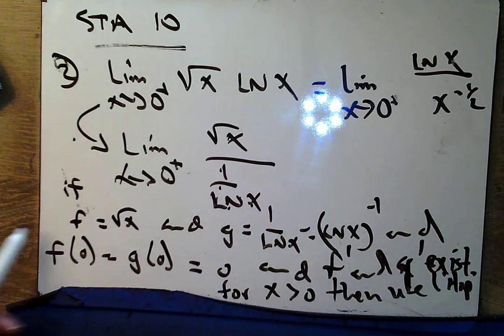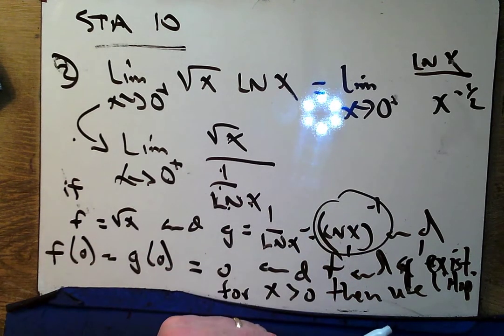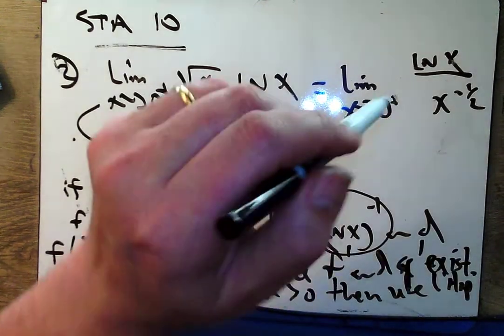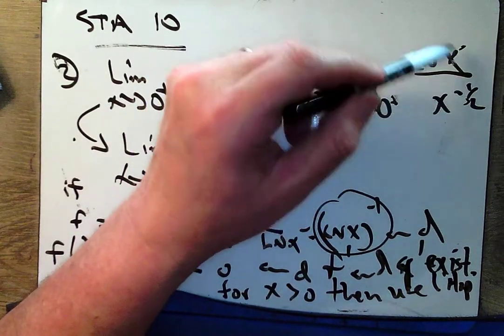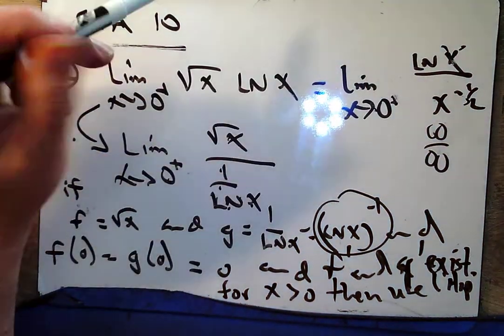And while I feel that makes for an easier justification sentence, I really don't want to do that derivative. Not that I can't do that derivative, I just don't want it. My issue here is that when I plug in my zeros, I'm going to end up with infinity over infinity. And what's wrong with that?